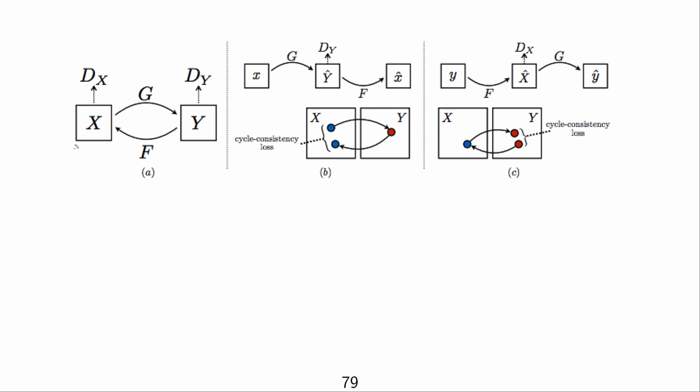So we have these two domains, X and Y, and we have translation networks, G and F, that are able to translate from one domain into the other.